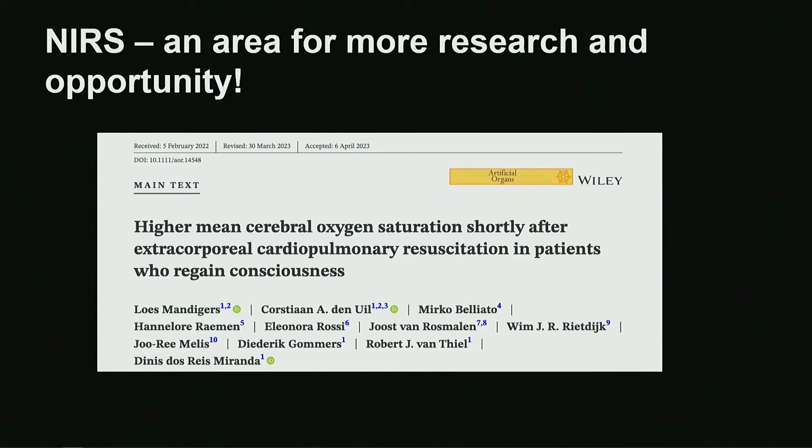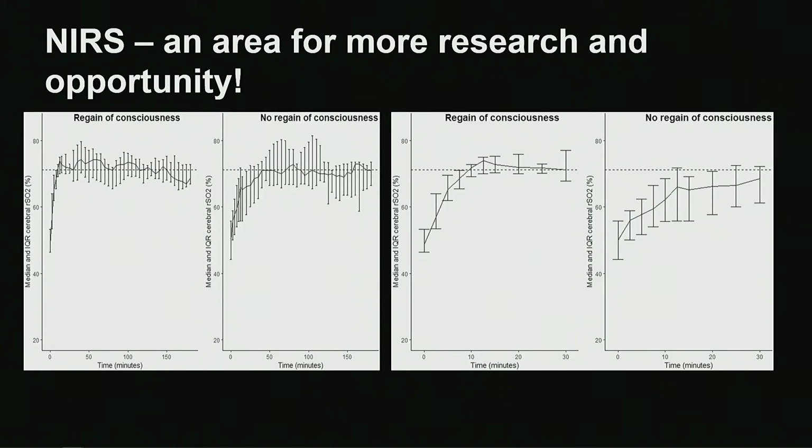One was this study that I came across where they used cerebral oxygenation monitoring during cardiopulmonary resuscitation, ECPR, and they found that patients who regained consciousness had higher mean and median cerebral oxygenation values than those that had no return or poor return of neurological functions.